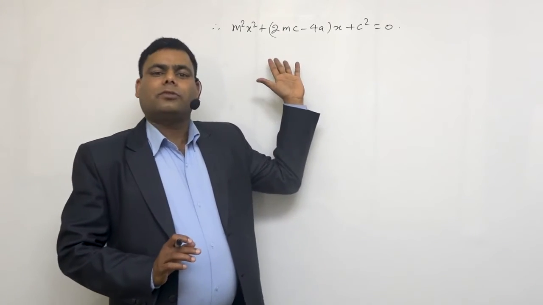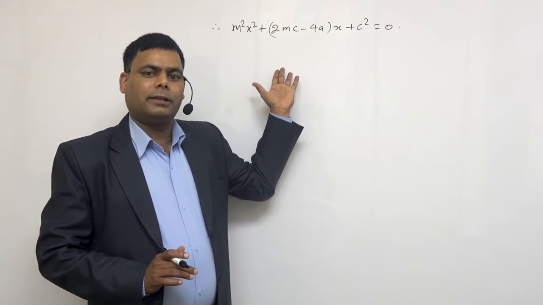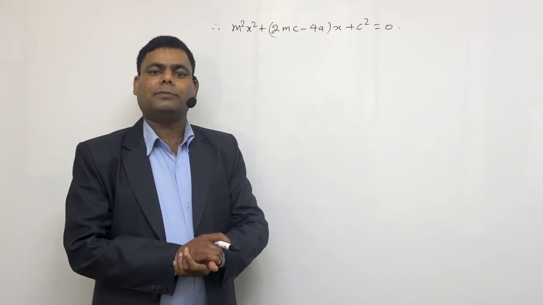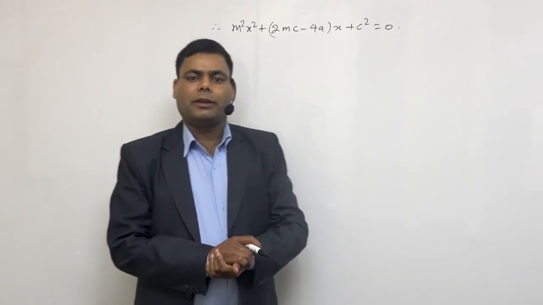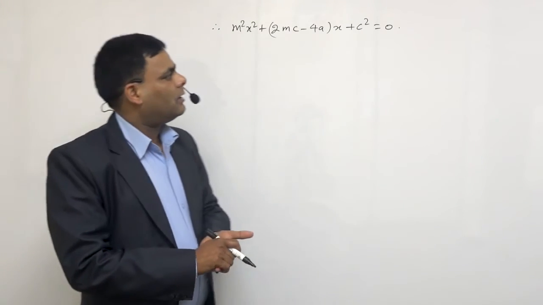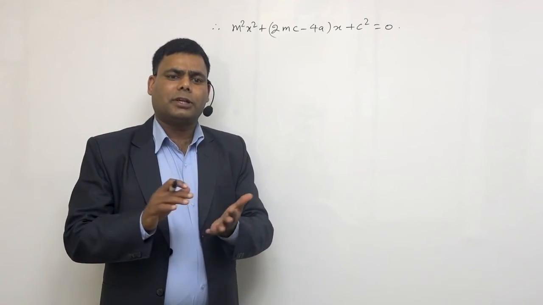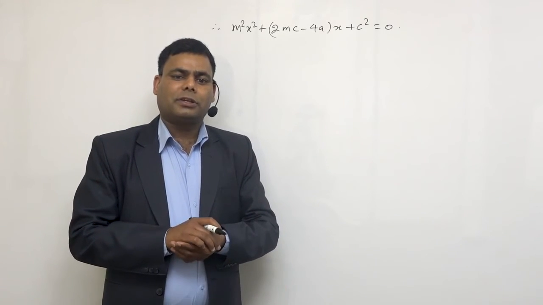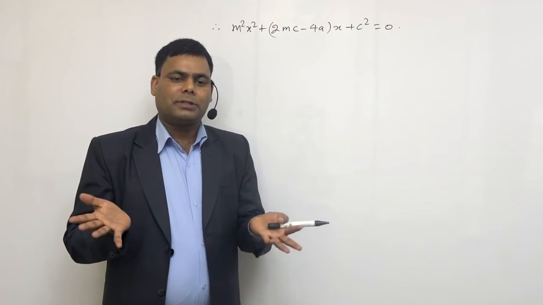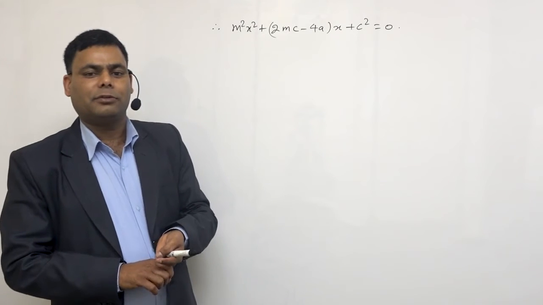Now this equation is quadratic in x and gives two values of x, and the line becomes tangent to the parabola if two values of x are real and equal. In grade 11 we have studied that if the roots of the equation are real and equal, in this case the line becomes tangent, and the condition for which is its discriminant must equal 0.